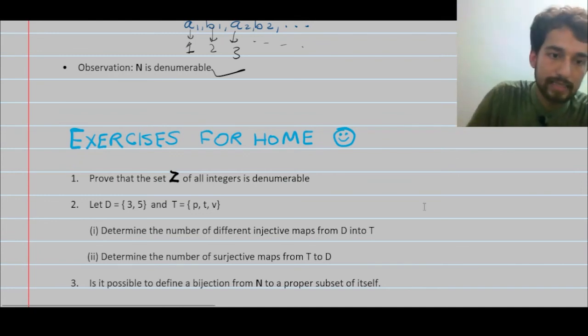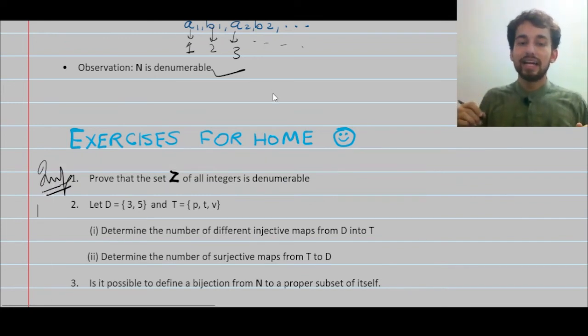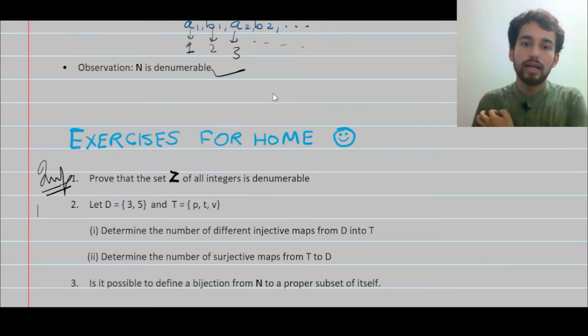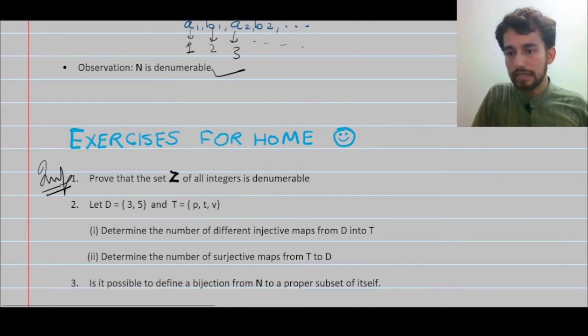This first exercise is a very important exercise, because if you are able to prove the first exercise, then the idea which we use in this will later help, and we'll be moving ahead with the finite Cartesian product of denumerable sets being denumerable, and even generalizing it also. To prove the first exercise: that the set Z of all integers is denumerable. Try to prove this.